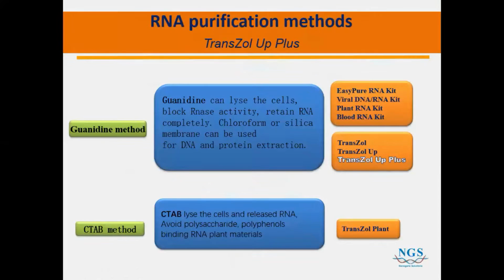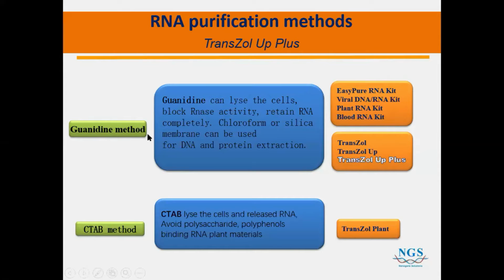Okay, so now we start with RNA extraction, which is this Transo Plus. As you all know, the guanidine method is a very popular method in RNA extraction. It has been used since many years back. Guanidine can help you to lyse the cells and help you to extract the RNA. Here is the list of the kits provided by Transgene Biotech using the guanidine method.